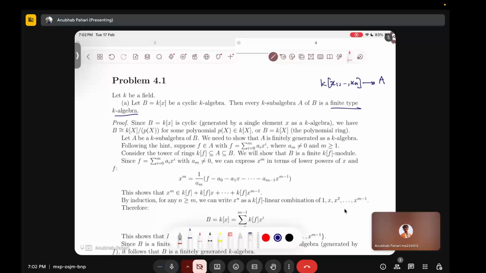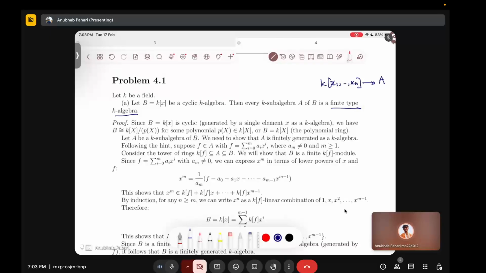Since B, that is K[x], is cyclic, that is generated by a single element x as a K-algebra, we have B equals K[X]/(P(X)) for some polynomial P(X) coming from K[X].